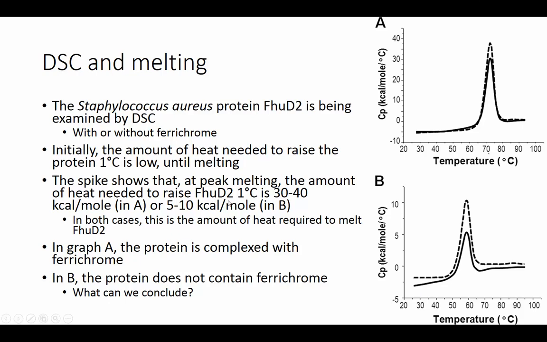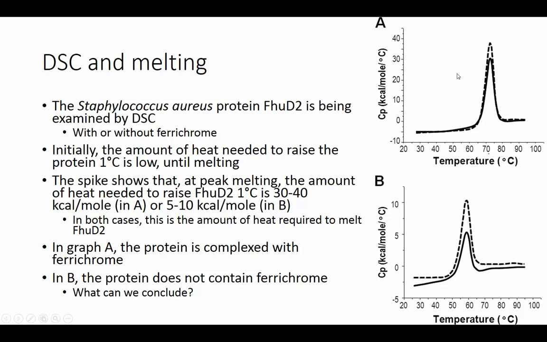The spike is showing us that at the peak melting, the amount of heat that is needed to raise this protein 1 degree C can be upwards of 30 to 40 kilocalories per mole, if we're talking about what's going on here in graph A, or if we're looking in graph B, around 5 to 10 kilocalories per mole. In both cases, this is the amount of heat required to melt this protein, FhuD2.